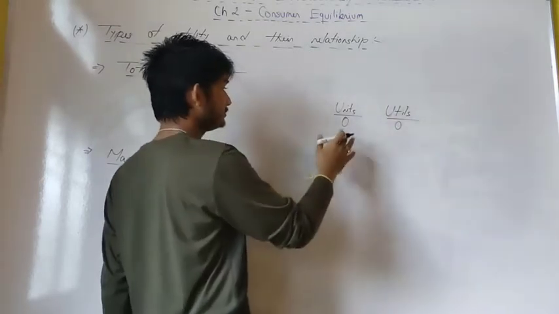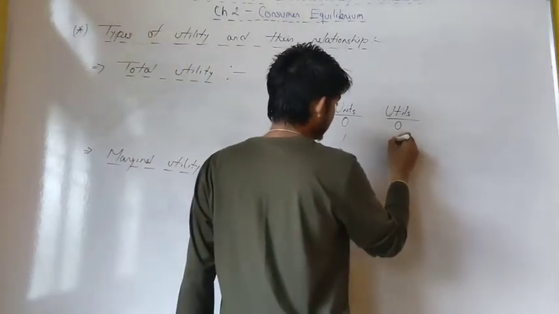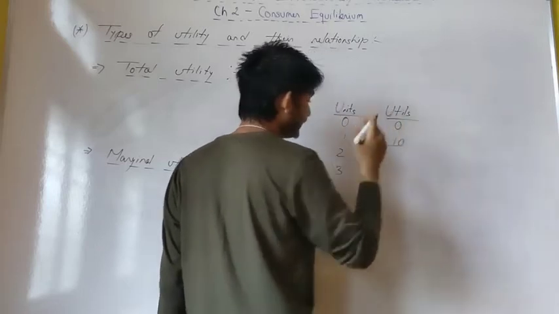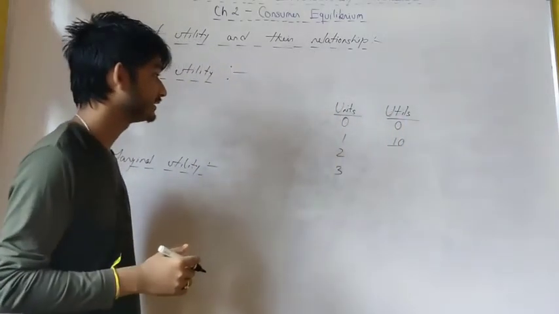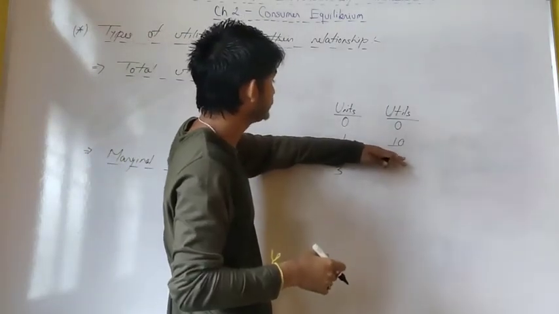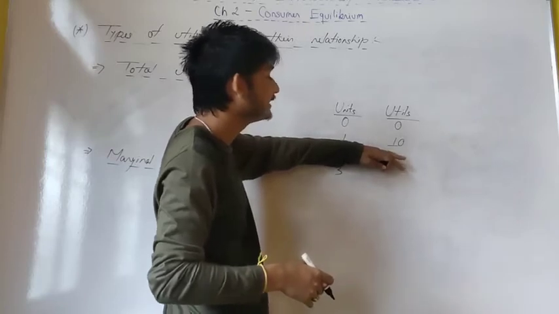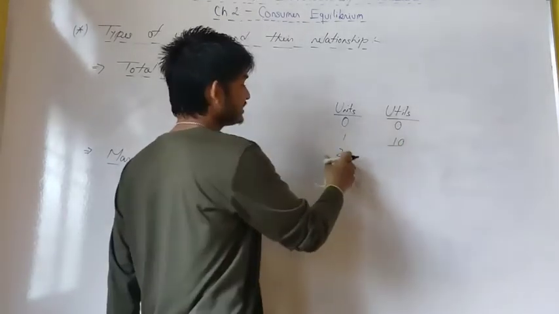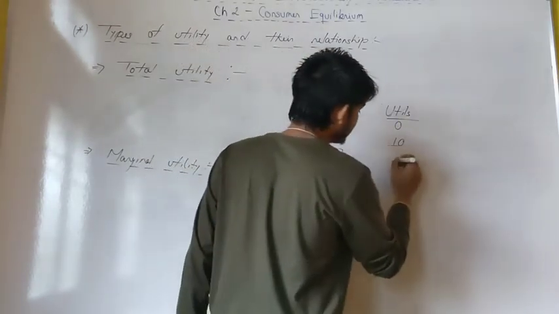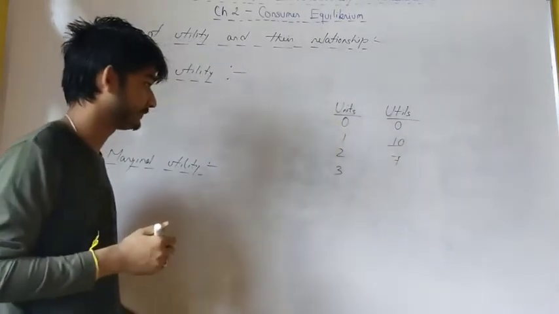When he consumed the first unit, he got a utility of 10 utils. So when he consumes only the first unit of the commodity, his total utility would be 10. As he consumes the second unit, suppose he gets a utility of 7 utils.